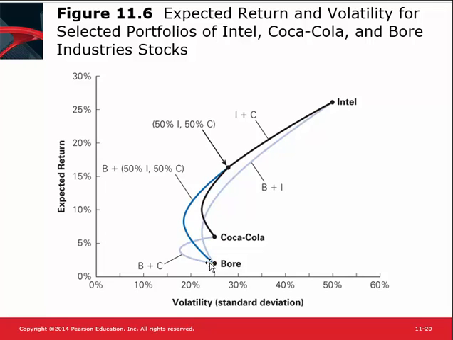But this blue line is the relationship where we add Bohr to the portfolio that's 50% Intel and 50% Coke. So we get some additional opportunities to invest when we add this other asset, and you can see that the curve shifts a little bit to the left.